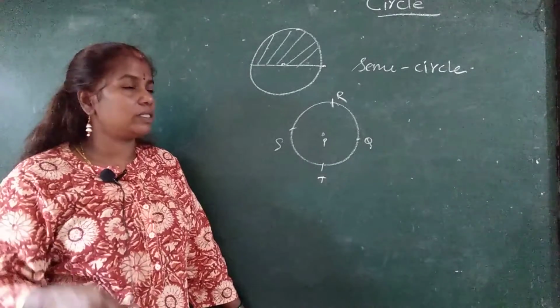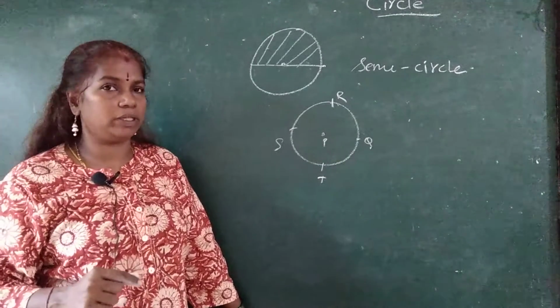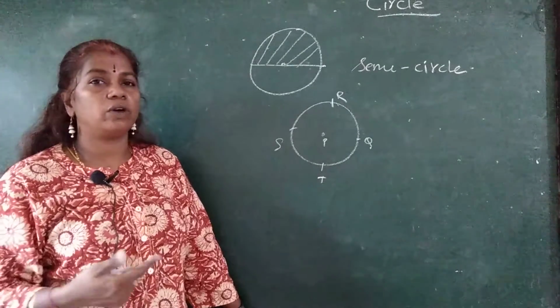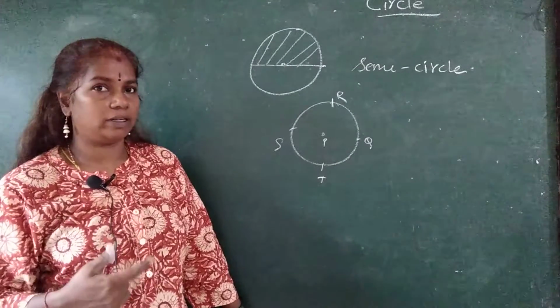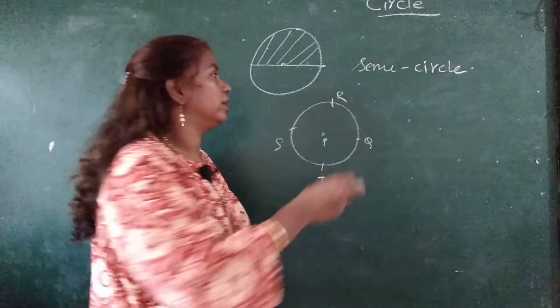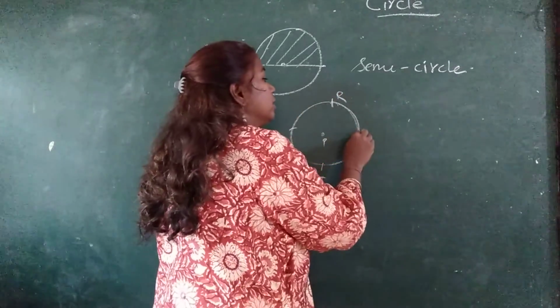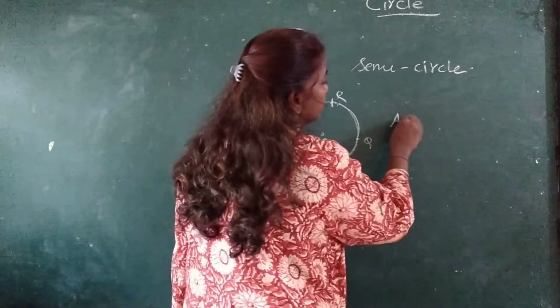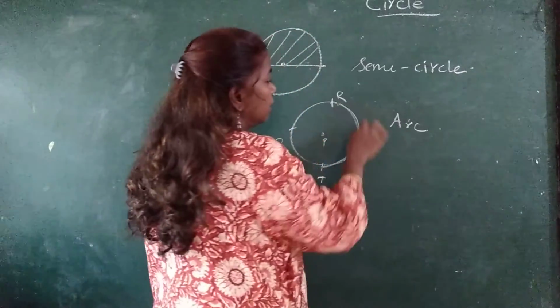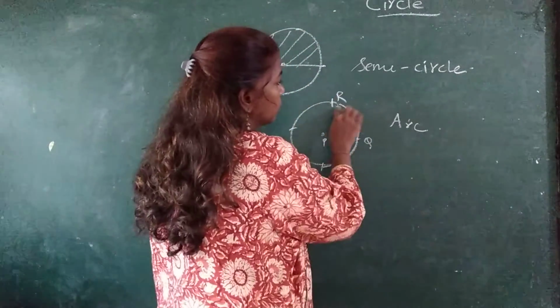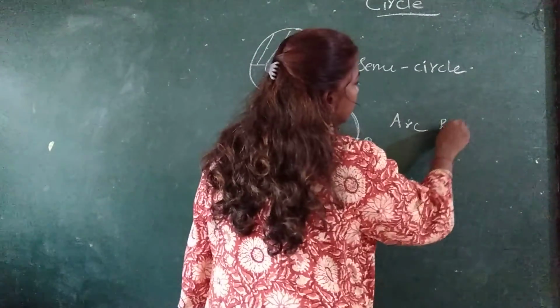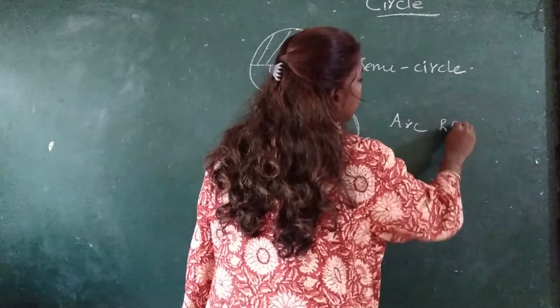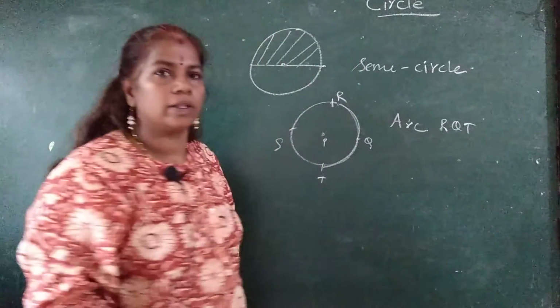If there is a line passing through, at that time also you can name it. In other ways, if I want to find the degrees, then how will I find it? For that, we have to understand arcs. Okay. Now suppose R, how will you write it? R, Q, T. So this one is called an arc. R, Q, T. Got it?